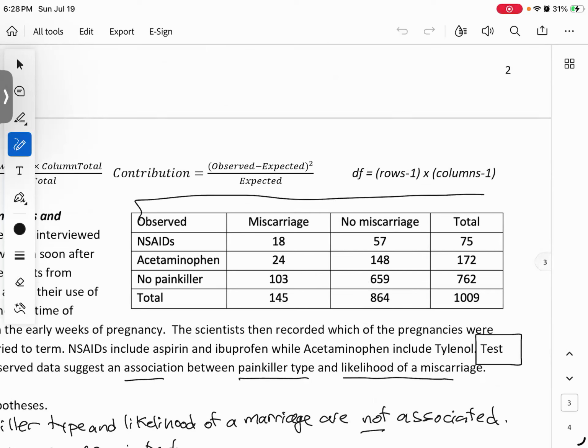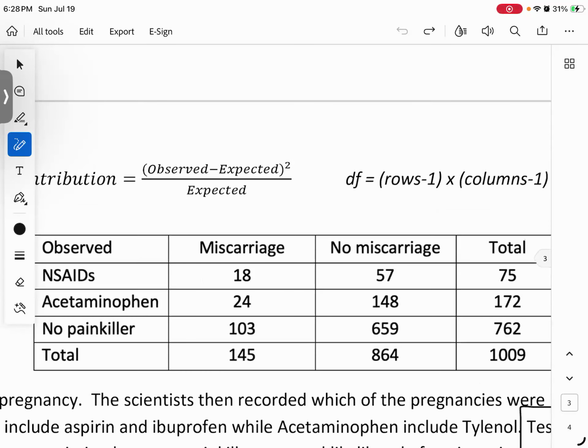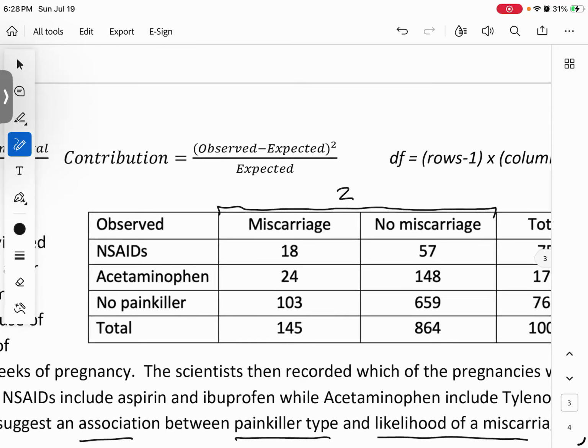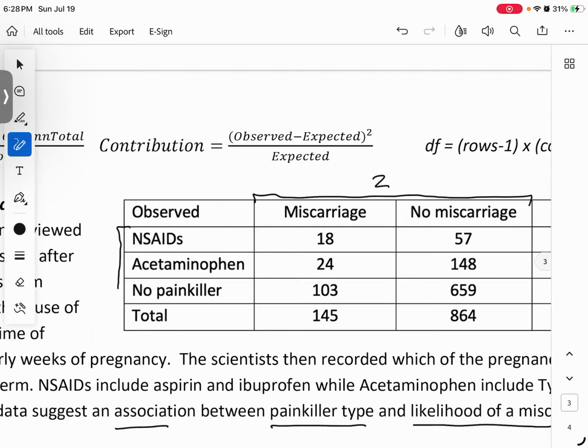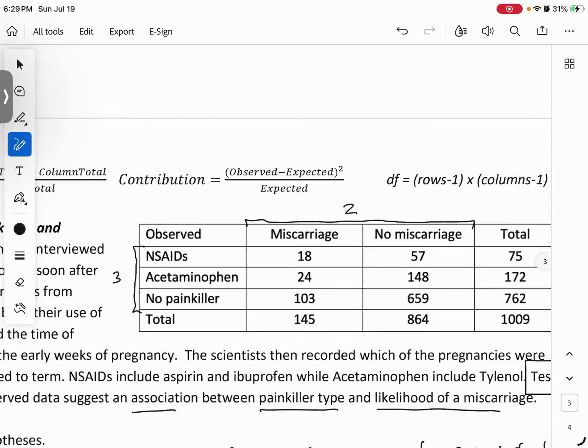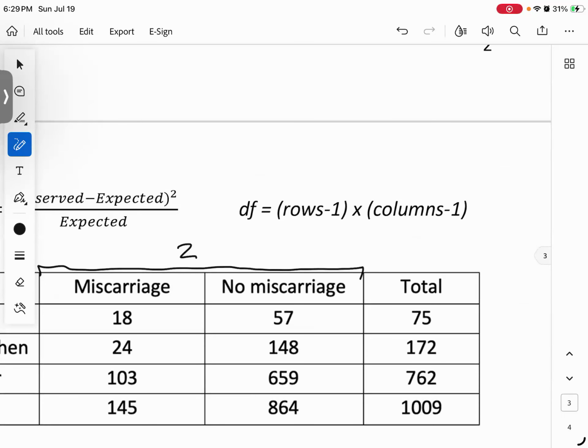I know there are literally 4 columns there and 5 rows here. What actually counts as a column are just these two, from here to there. So there are 2 columns. And right here, from here to there, there are actually 3 rows dedicated to the 3 different options for painkiller. So there are 3 rows, and you subtract 1.